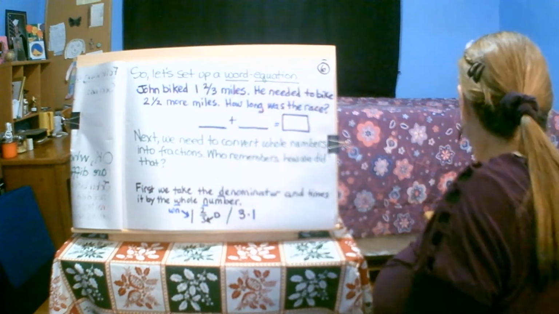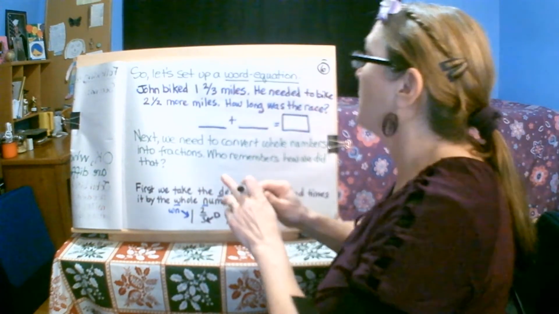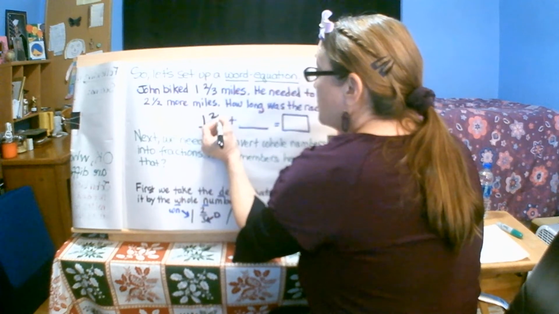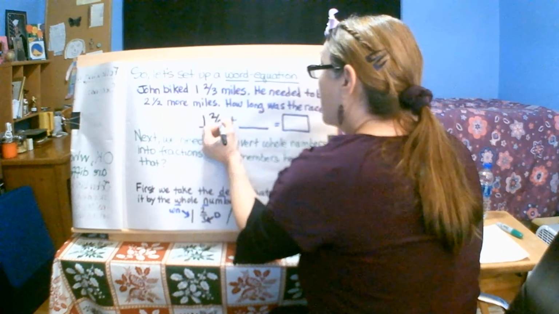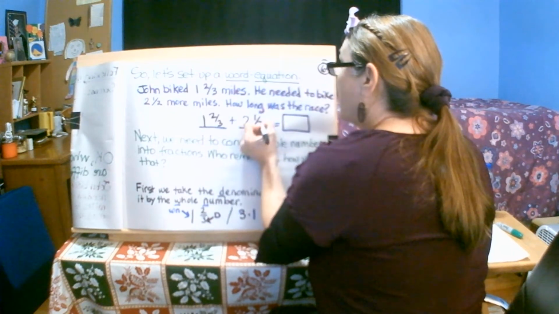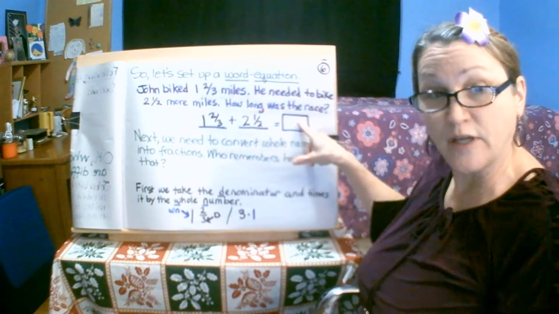Connie, very good. You're doing very, very well. Good job. Yes, that's correct, Connie. 1 2/3 plus 2.5. And then we get our answer. Good job, guys. Very nice.